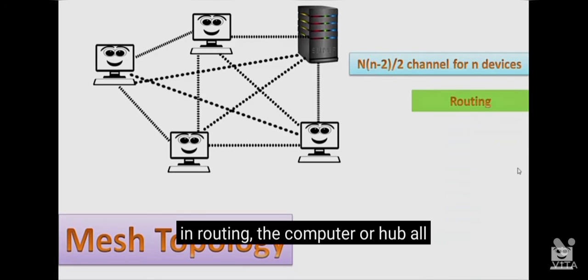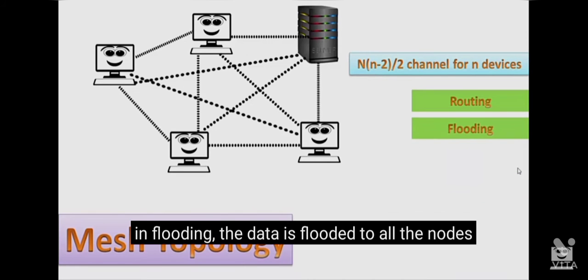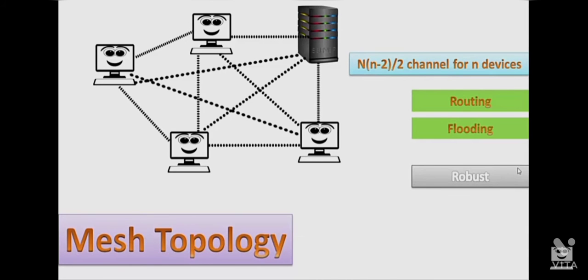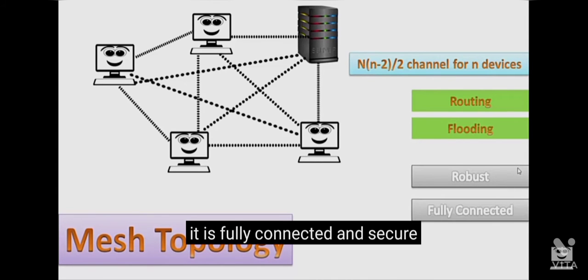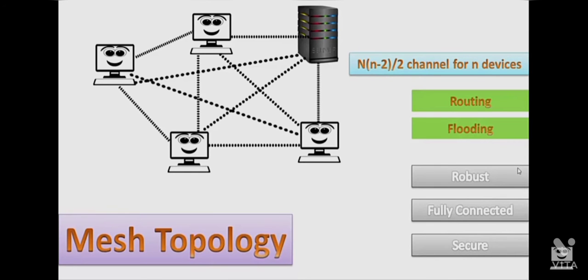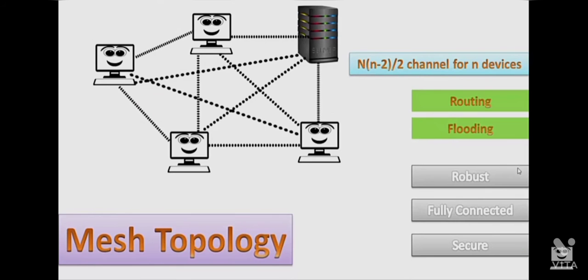In routing, the computer or hubs already have an algorithm which finds the best and shortest way to send data. And another is flooding. In flooding, the data is flooded to all the nodes. Now this topology is robust, it is fully connected, and it's secure. And the best example of this topology is P2P connections like uTorrent, BitTorrent, etc.